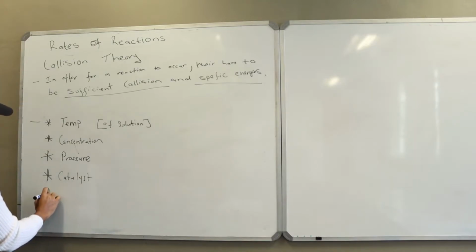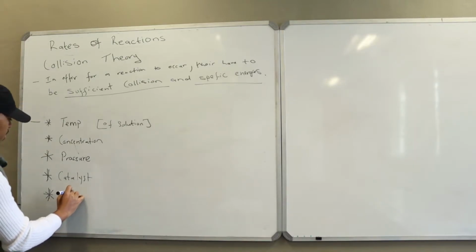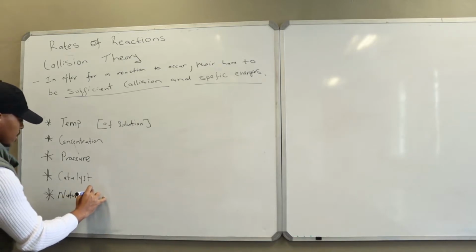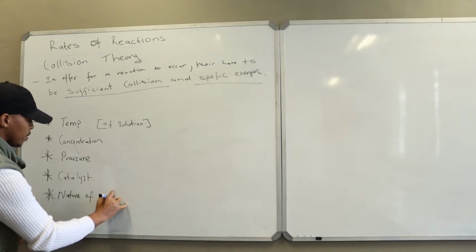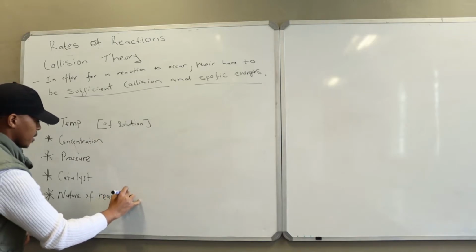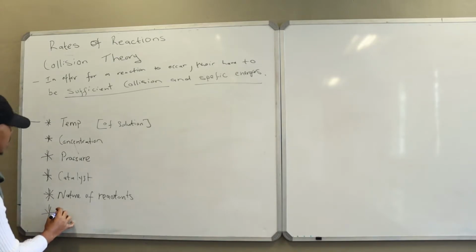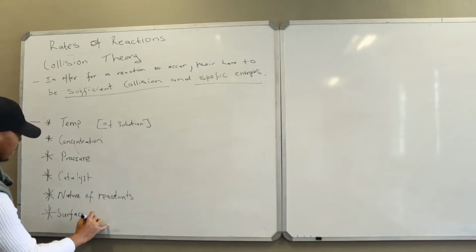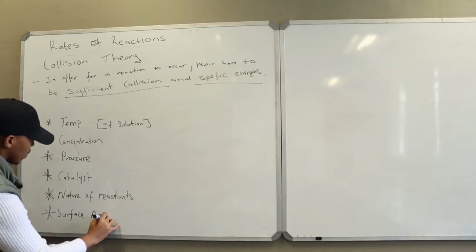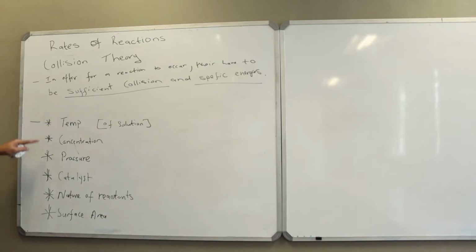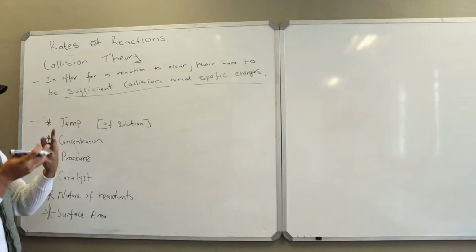Finally, nature of reactants. I'm going to explain all of these individually. Furthermore, we have surface area. Okay, so these are the 1, 2, 3, 4, 5, 6 factors that influence how fast certain reactions occur.